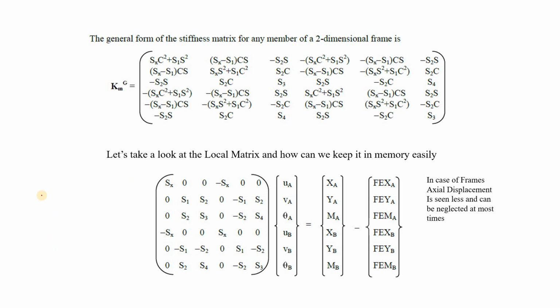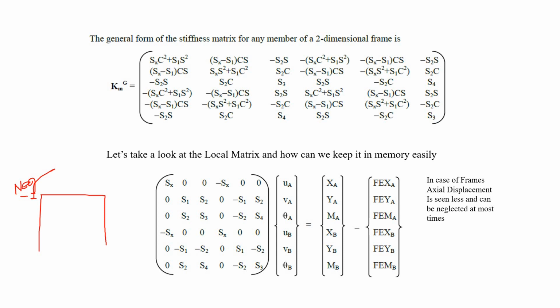Even if it's seen, for example, if this was a frame, and you look at the values of shear, moment, and axial, you'll see that the axial displacement compared to the flexural and shear displacements is very, very less. So we can neglect that, right? This can be neglected.